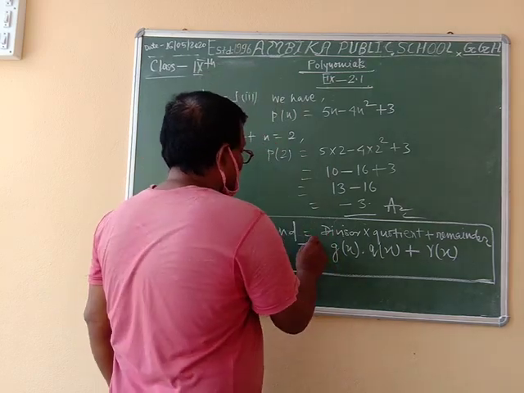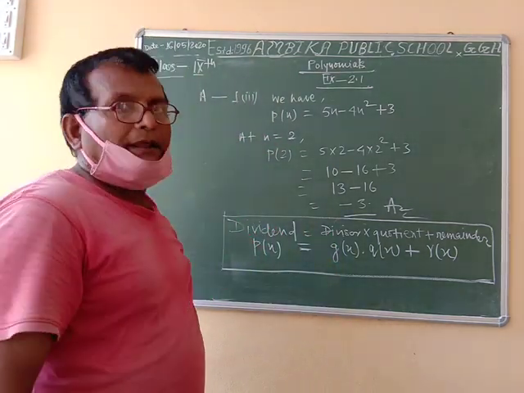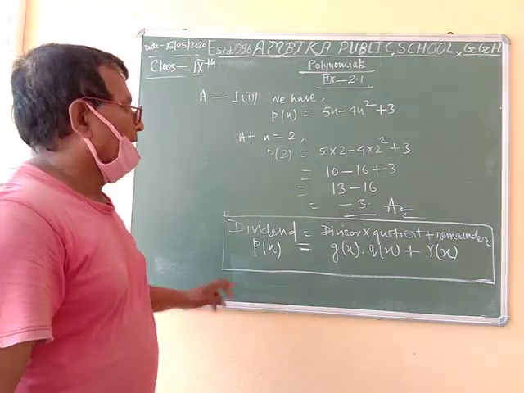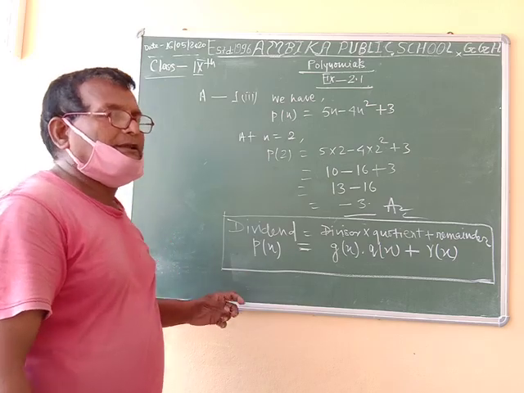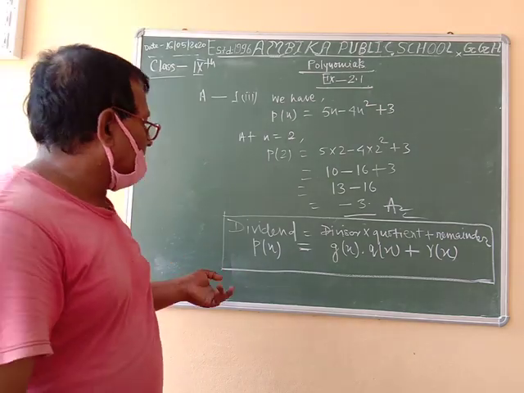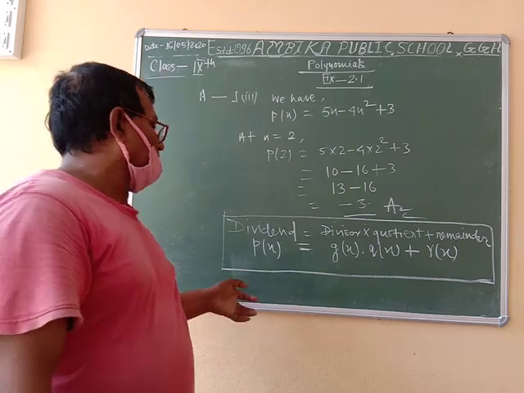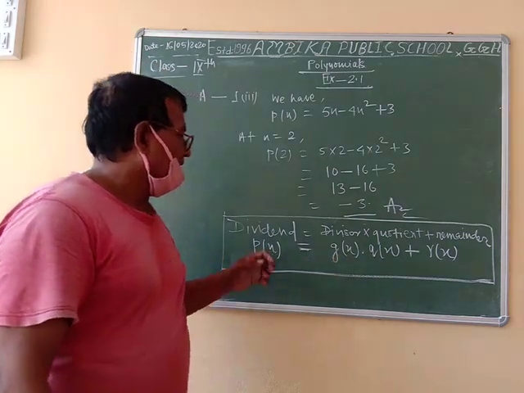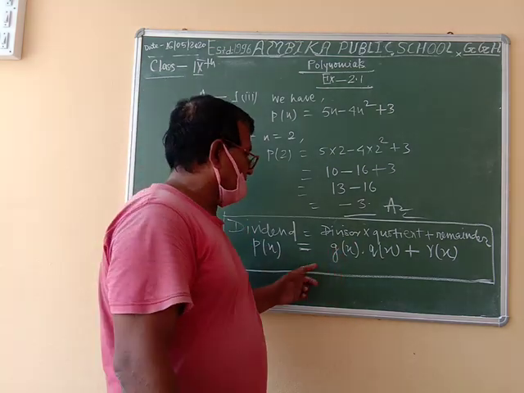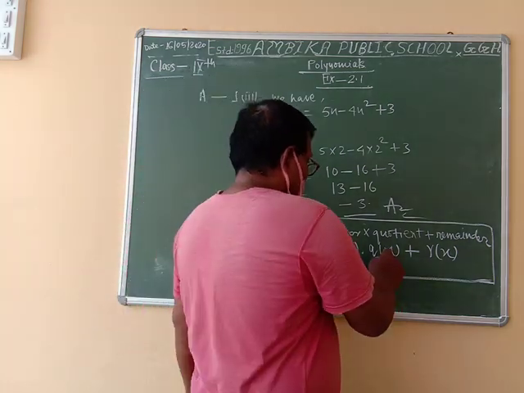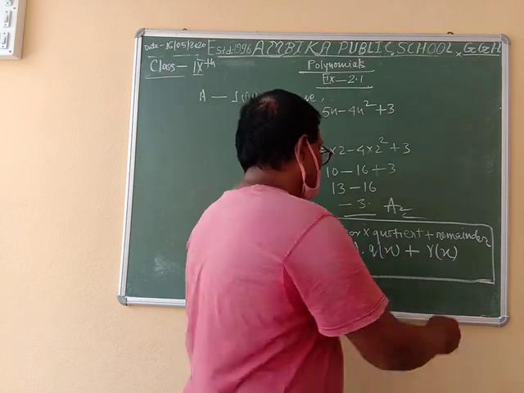So in polynomials, division algorithm says that if p(x) and g(x) be two polynomials such that degree of p(x) is greater than equal to degree of g(x), and if p(x) is divided by g(x), then the quotient is q(x) and the remainder is r(x).